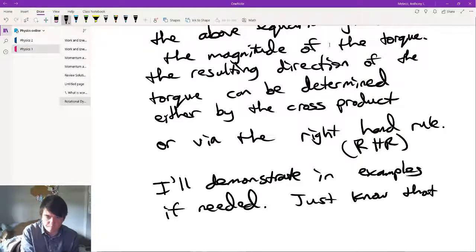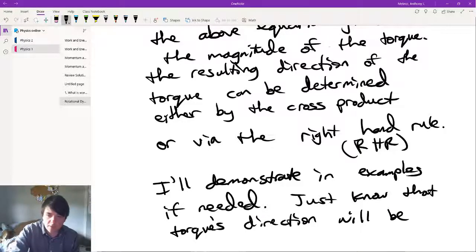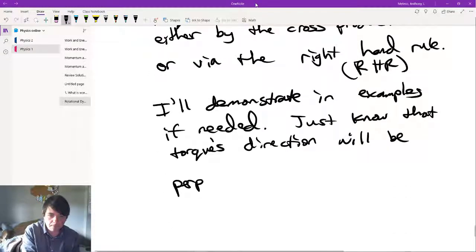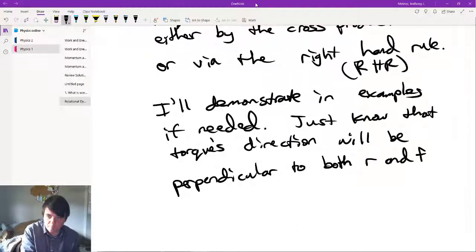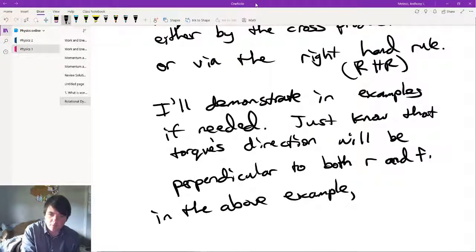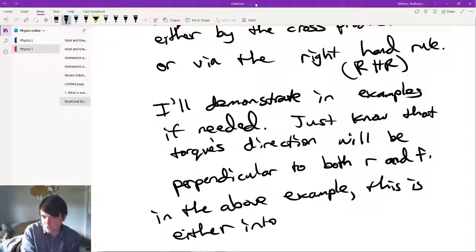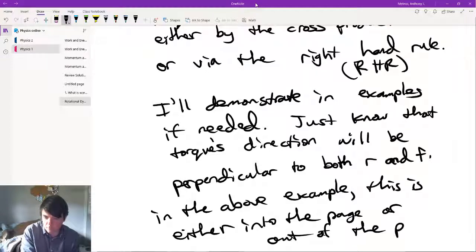Just know that torques will be perpendicular to both R and F. In the above example, this is either into the page or out of the page.